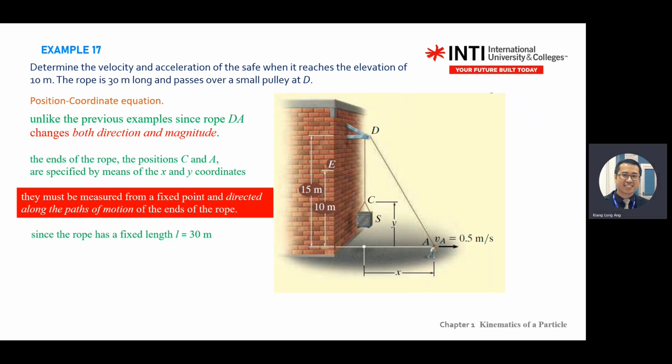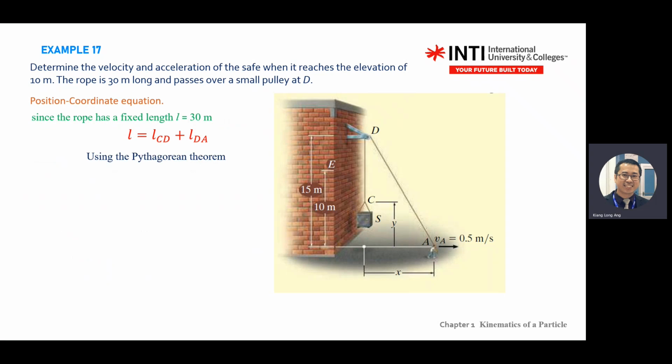Okay, so total length is 30 meters. So you break it into total length equal to LCD plus LDA, like what we discussed just now. So how to find CD and DA? Use Pythagoras' theorem, right? LDA equals square root of 15 squared plus X squared.